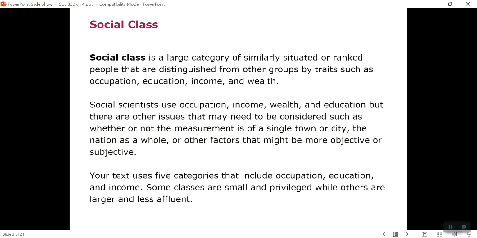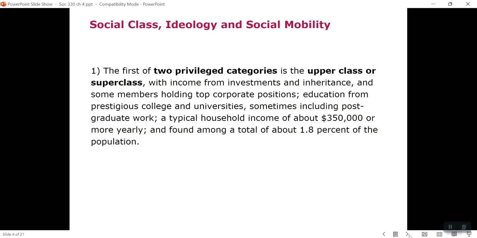But for our purposes, we're going to rely on the 5 that are identified in the text. So let's take a look at those 5, and let's see as we go along if you can identify which class you are in. So the first one of the 5 is the privileged category, or sorry, the upper class or the super class.